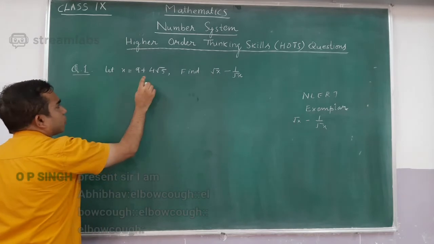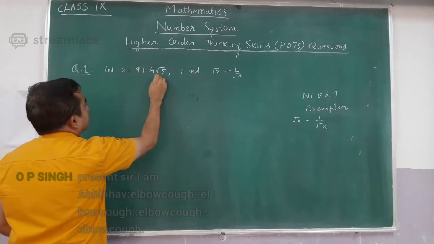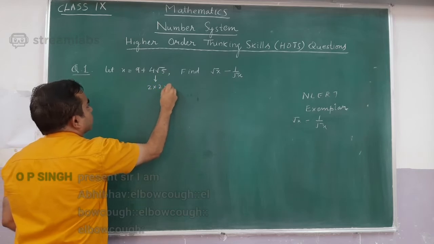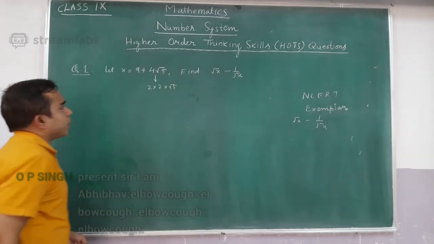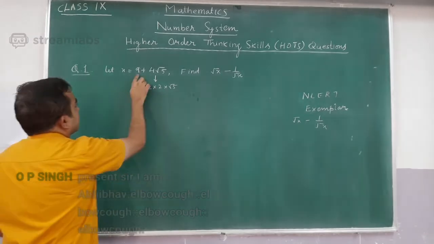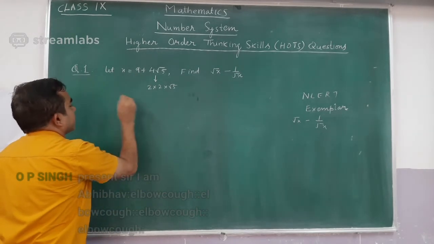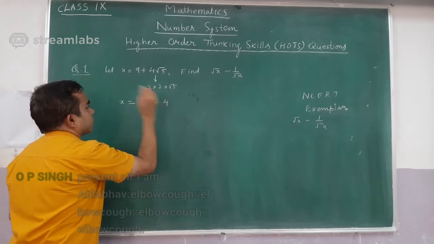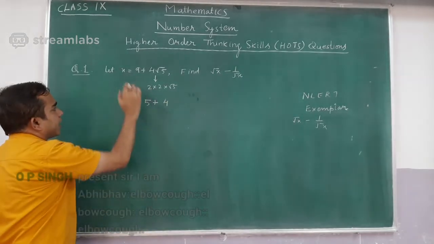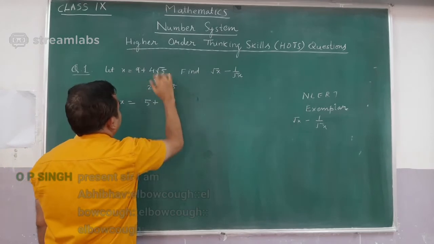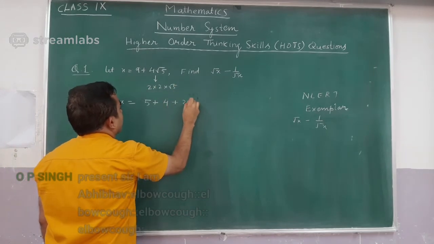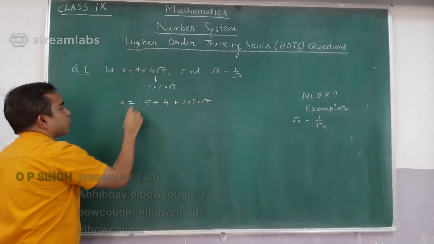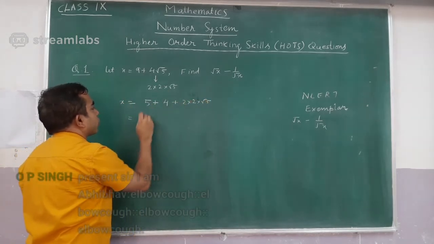If you split this term in this manner, 2 into 2 into root 5, right? And now 9, if you see, can be seen as 5 plus 4. So 9 I have written as 5 plus 4, and this 4 root 5 I am going to write as 2 into 2 into root 5. And now if you see, there is a connection among all these three terms.